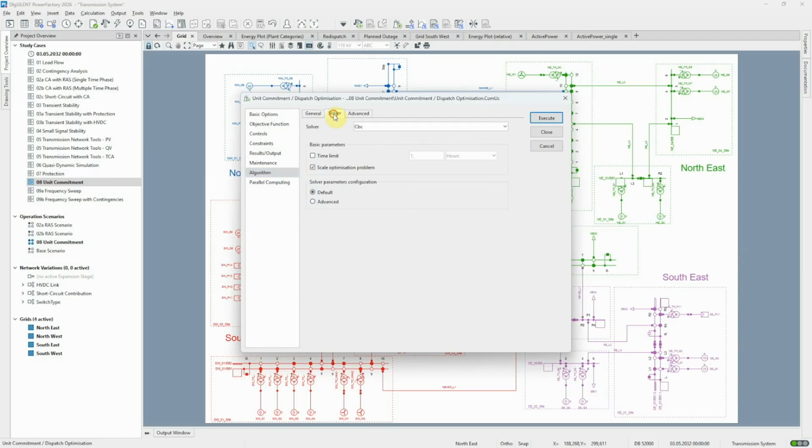On the algorithm page, the user can select one of the two inbuilt solvers, but there is also the possibility to make use of an external linear programming solver to make the calculation much faster. However, we will use the default CBC solver.